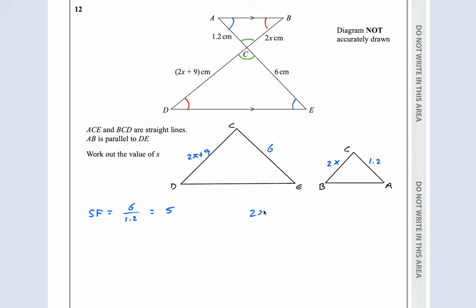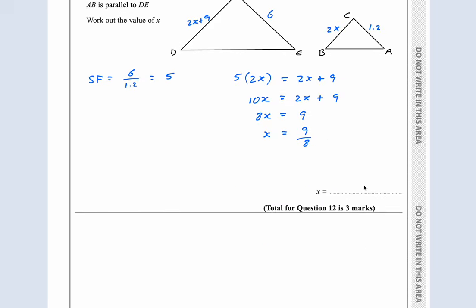So 2x times 5 equals 2x plus 9, which means 10x equals 2x plus 9, which means 8x equals 9 because we subtract the 2x, which means x is equal to 9 over 8. So here we go, 9 over 8.